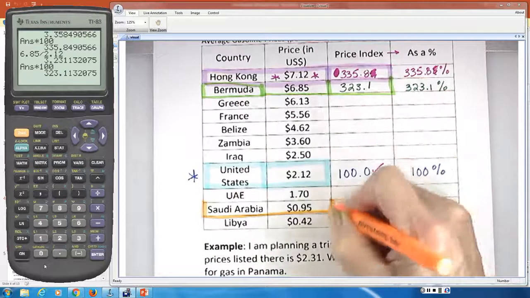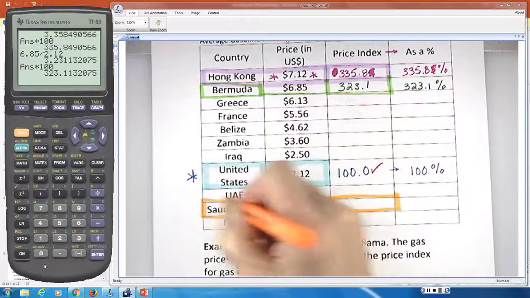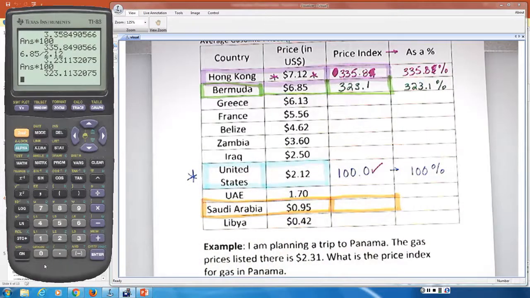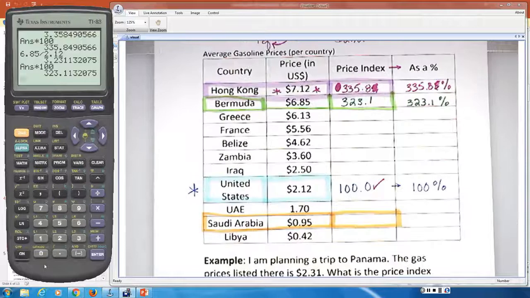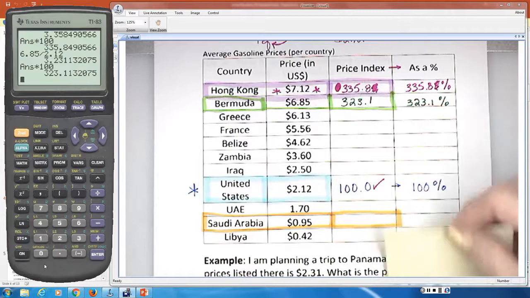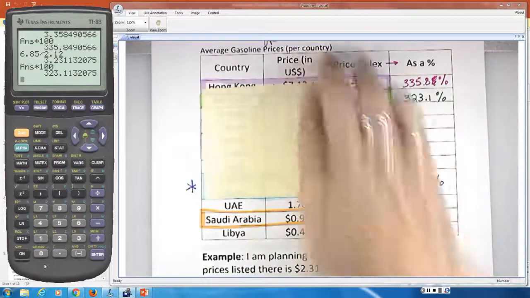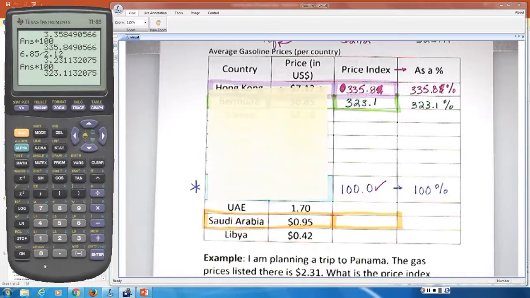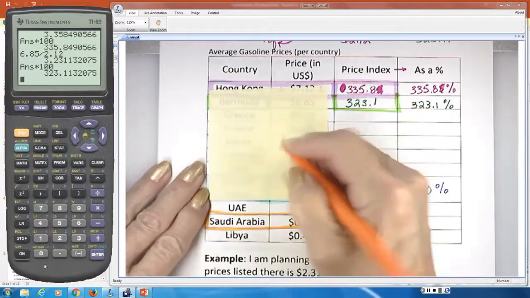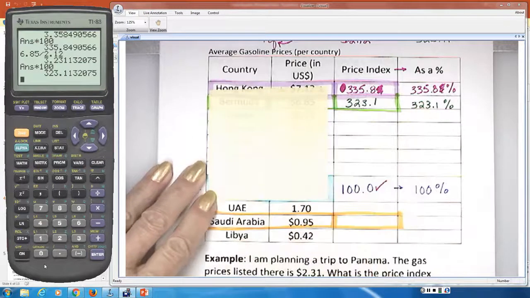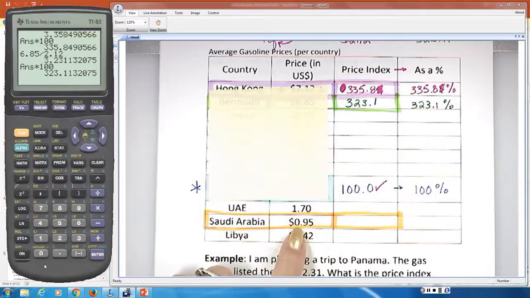And let's calculate the index for Saudi Arabia. I'm going to move this up here temporarily so I can give you some notes. For Saudi Arabia, remember that it's the other number, which is Saudi Arabia's number, which is 0.95.